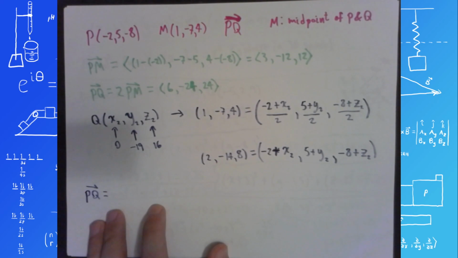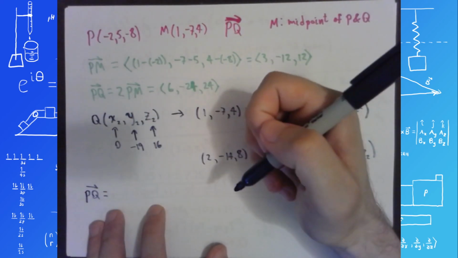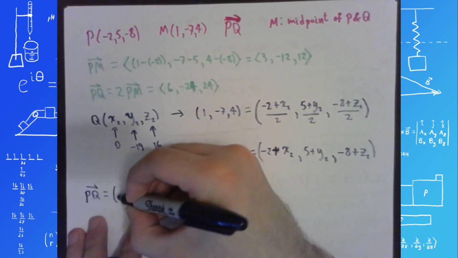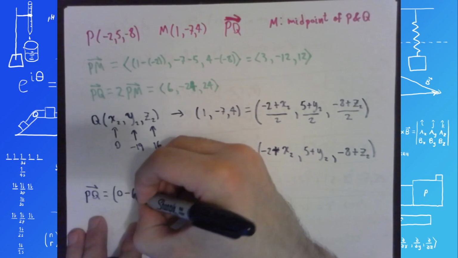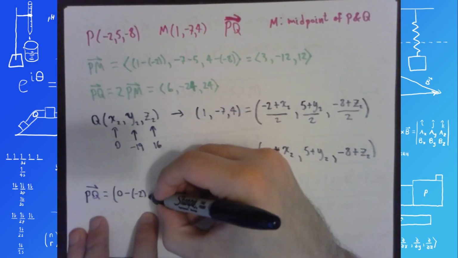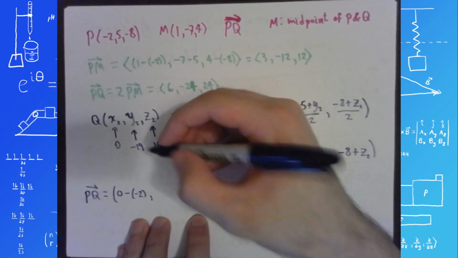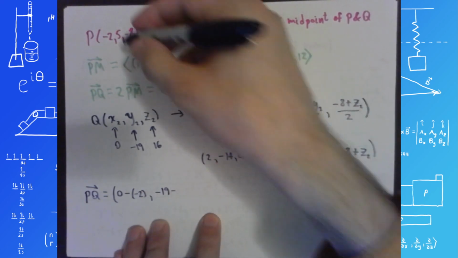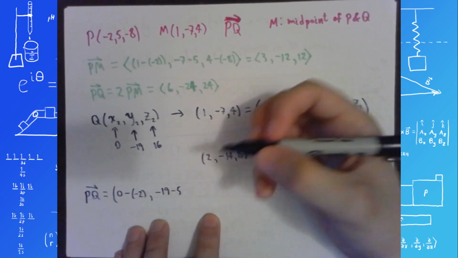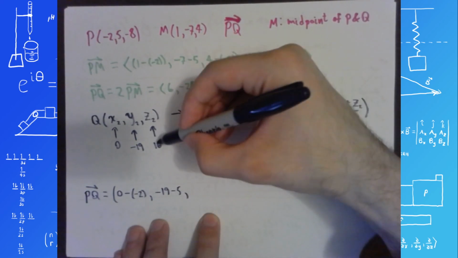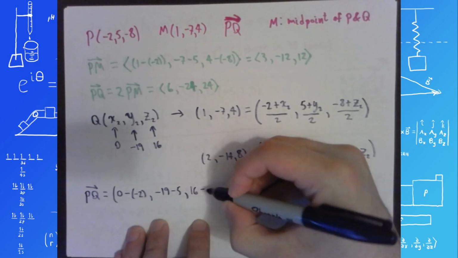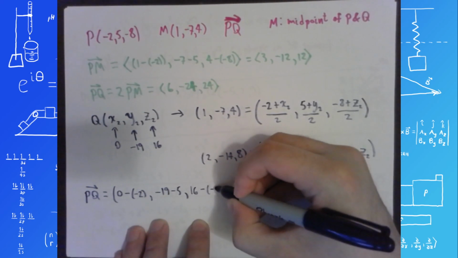So let's see, we have 0, negative 19, and 16. So I want to do 0 minus negative 2, comma, negative 19 minus 5, and 16 minus negative 8.